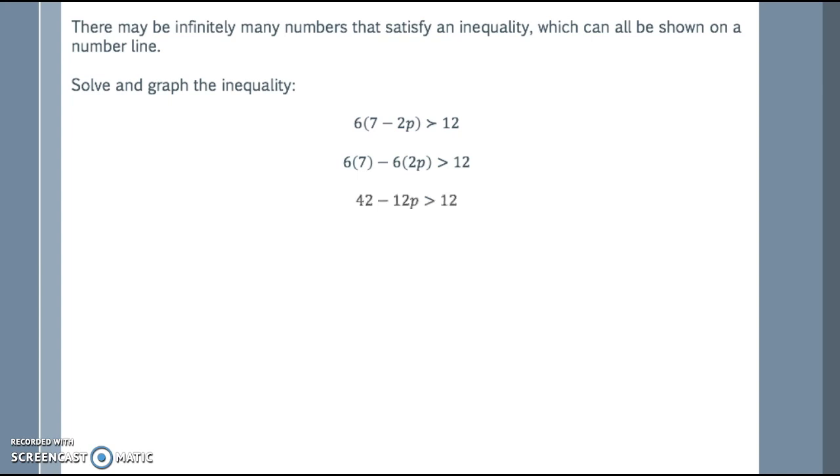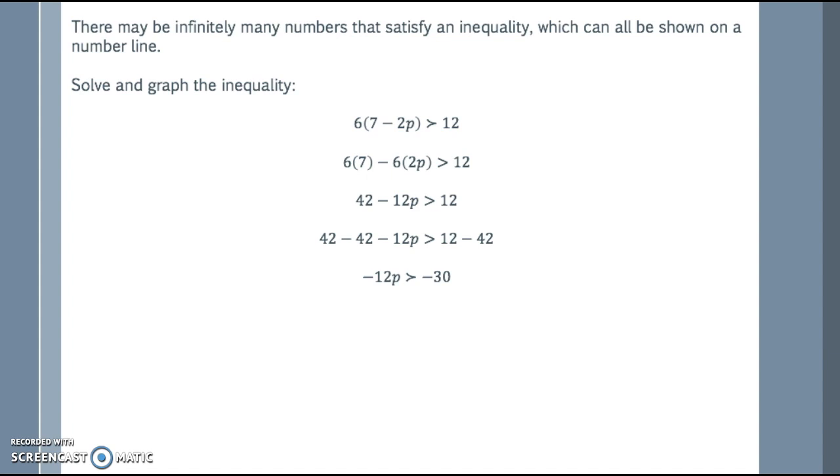When we multiply, we have 42 minus 12p. Our goal is to ultimately get p by itself, so we'll have to subtract 42 from both sides. When I subtract 42 from both sides, I have negative 12p is greater than negative 30.